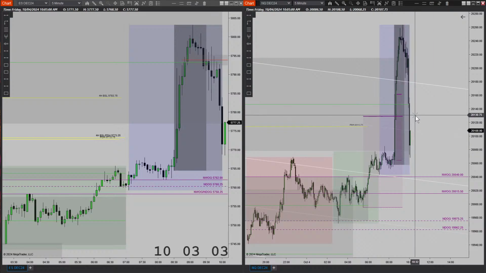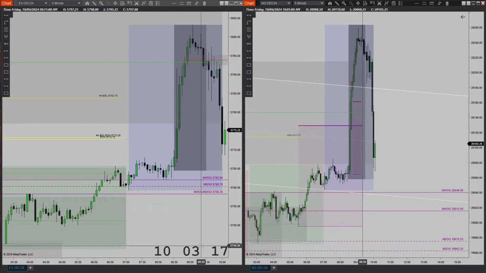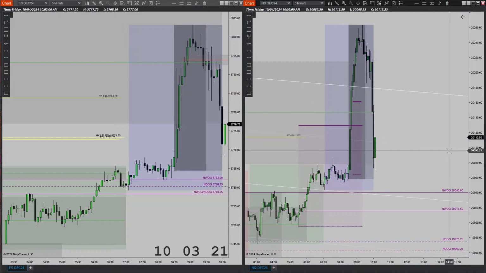I don't want to see it come back up here. I want to see it fail to get above this area here. Even if it gets above, that's fine. What I want to see is price fail to close above. There you go. So we have 2 more minutes until this candle closes. And if it closes above, then I'll just take it off.